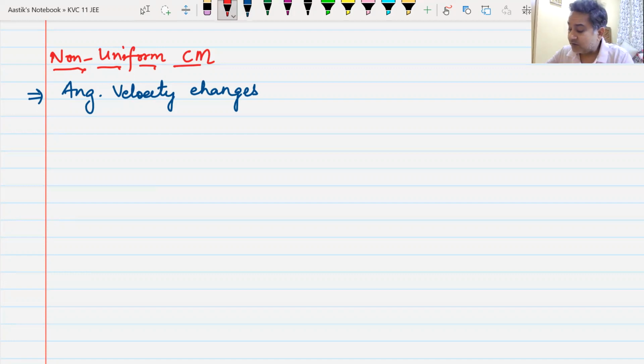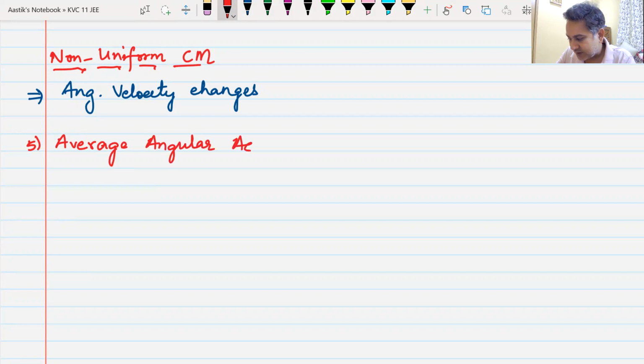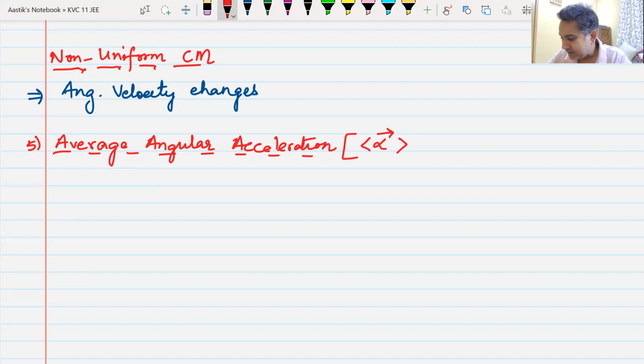Now this angular velocity is going to change, and who is going to change this angular velocity? So the next term that is coming is average angular acceleration. How do you write this average angular acceleration? Alpha means angular acceleration, it is a vector, and it is in a box. This box means that this is average.